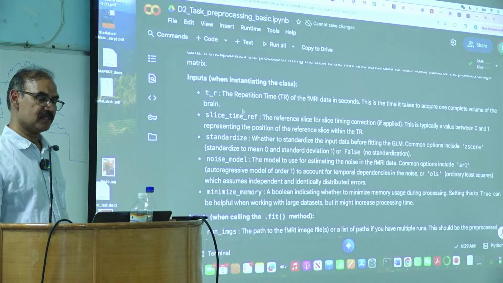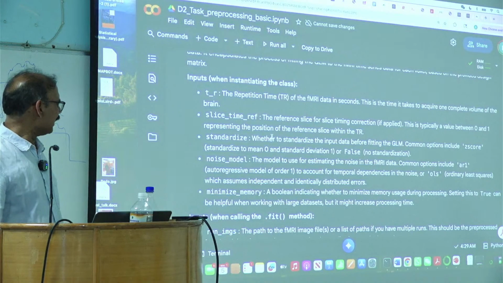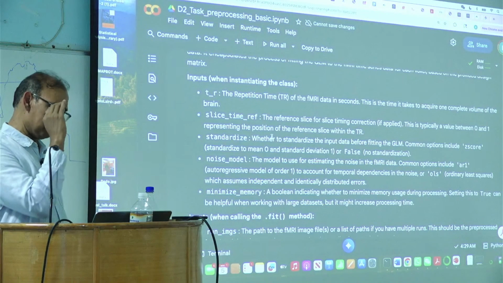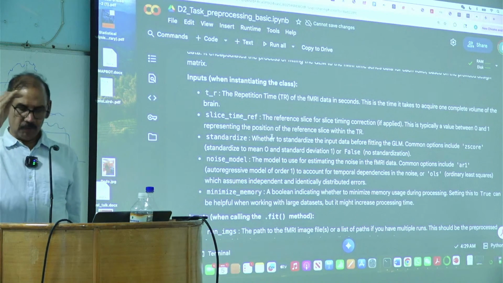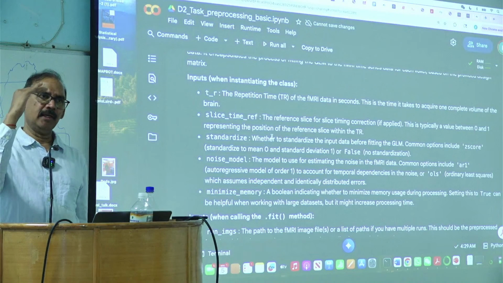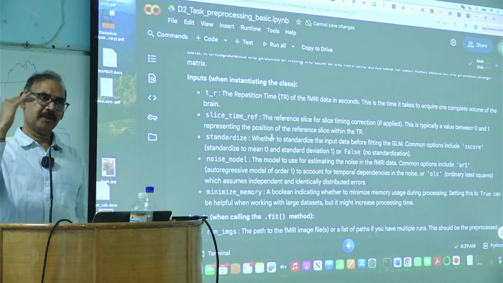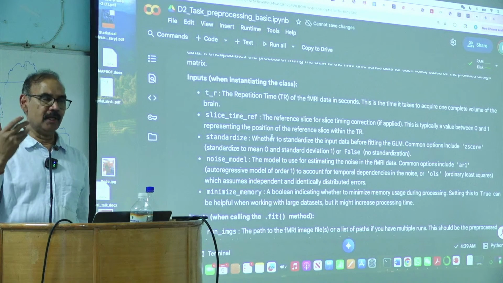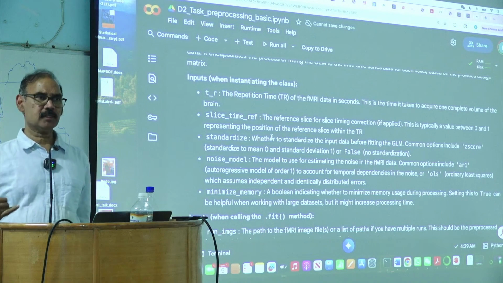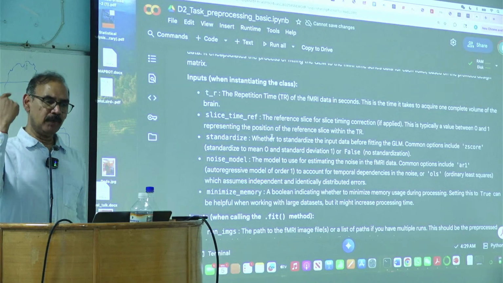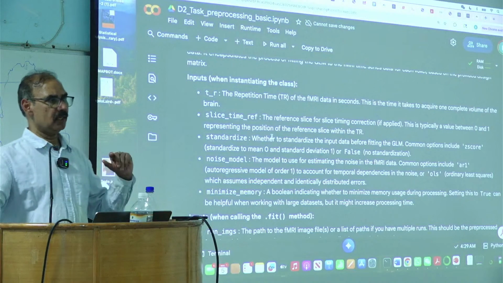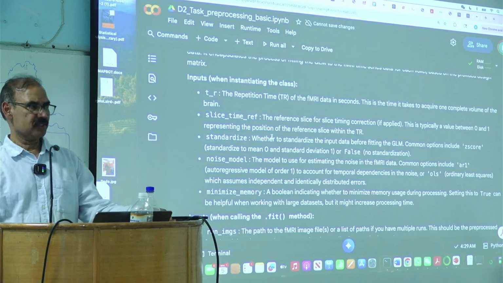And this is the slice time reference. Remember I had mentioned how when the data is collected, it is typically 1, 3, 5, 7, 9, 11, called interleaved, and then 2, 4, 6. So between the first slice and the second slice, there can be a delay of 1 second.